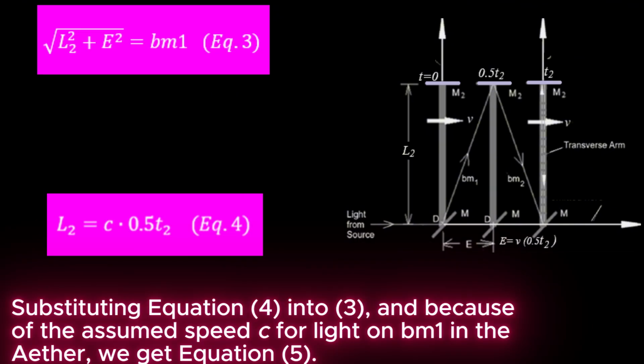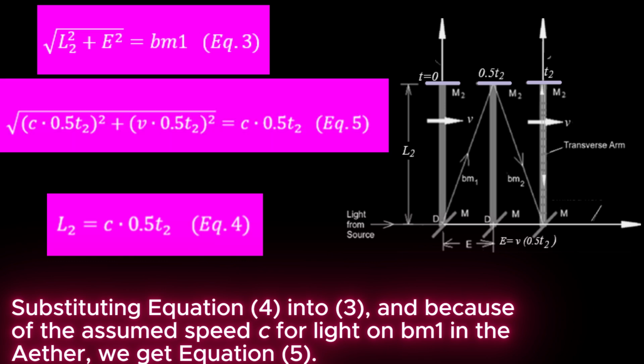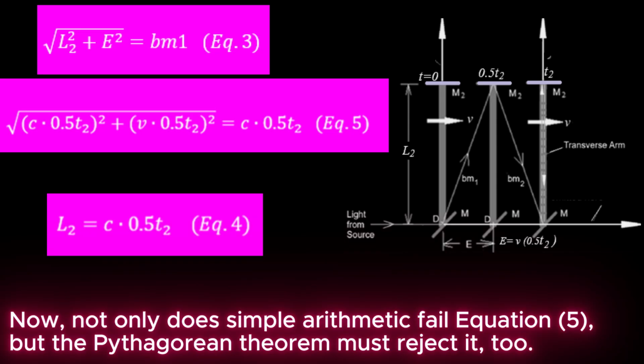Substituting equation 4 into 3. And because of the assumed speed c for light on BM1 in the ether, we get equation 5. Now, not only does simple arithmetic fail equation 5, but the Pythagorean theorem must reject it, too.